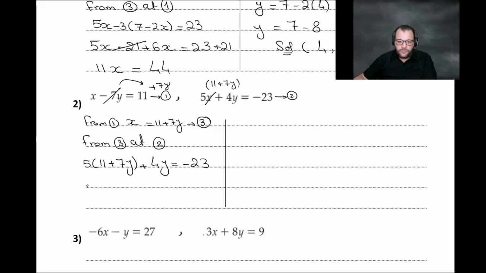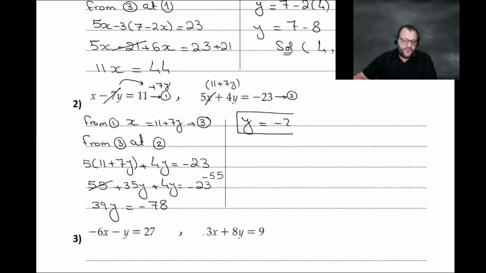How do we solve it? 55 plus 35y plus 4y equals negative 23. Then let's take 55 to the other side by subtracting 55. Now we have 39y equals negative 78. Then y equals negative 2.